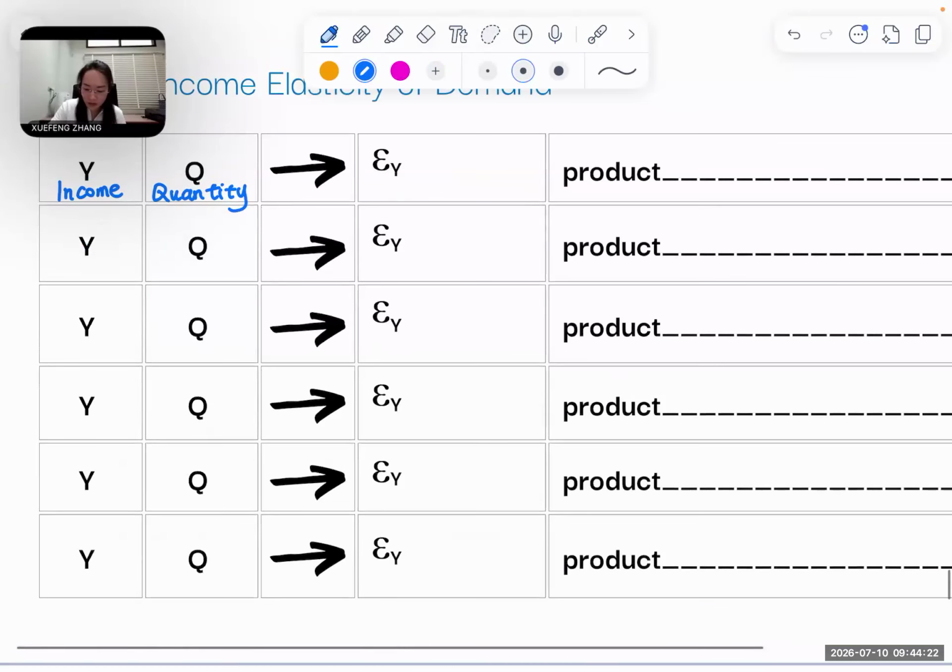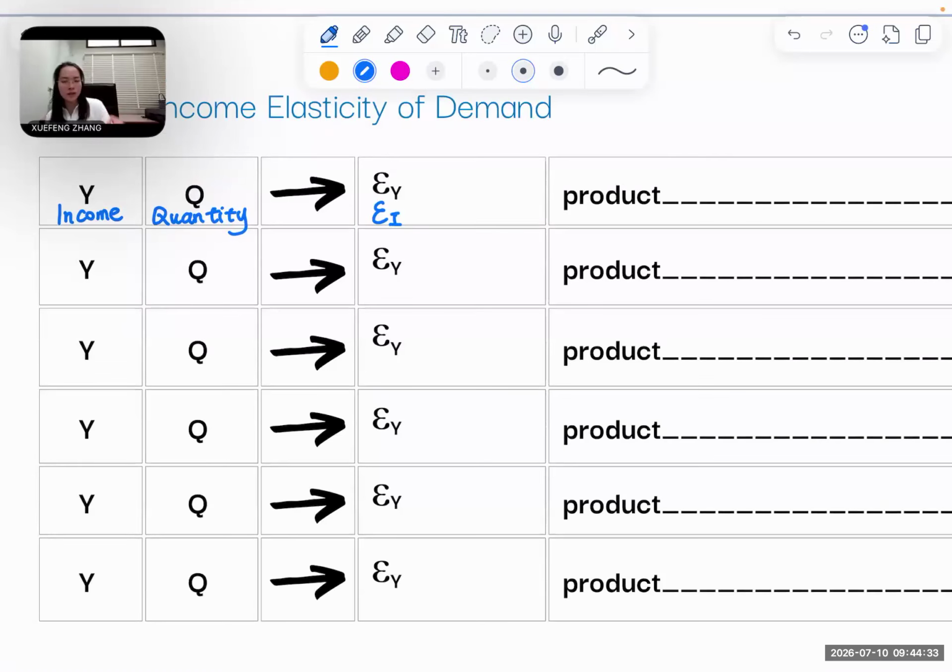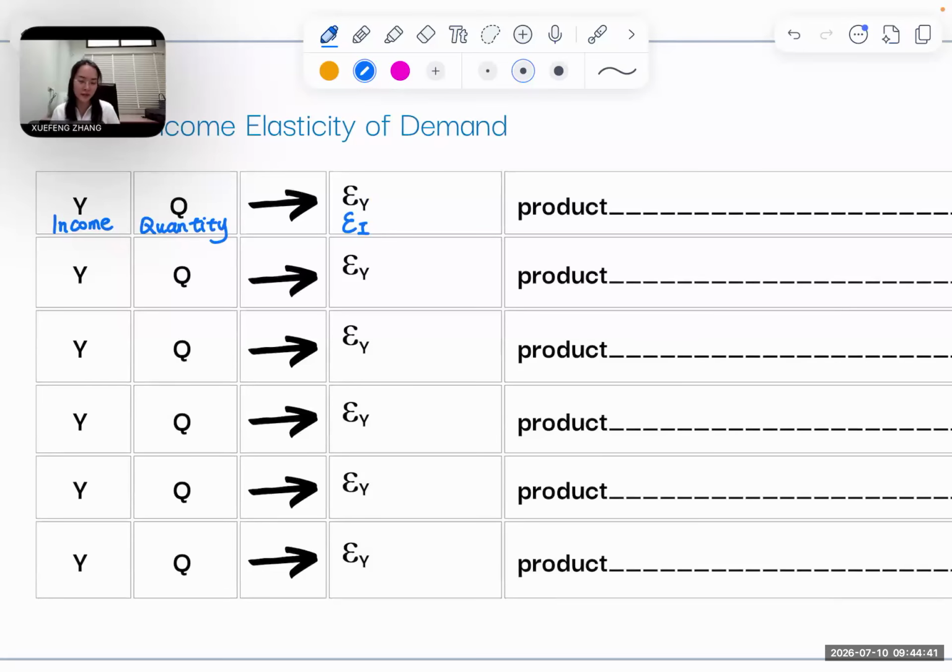Here you can use epsilon Y or epsilon I, it's basically the same, because I represents income and also in economics, we use Y to represent income as well. So don't get confused here.